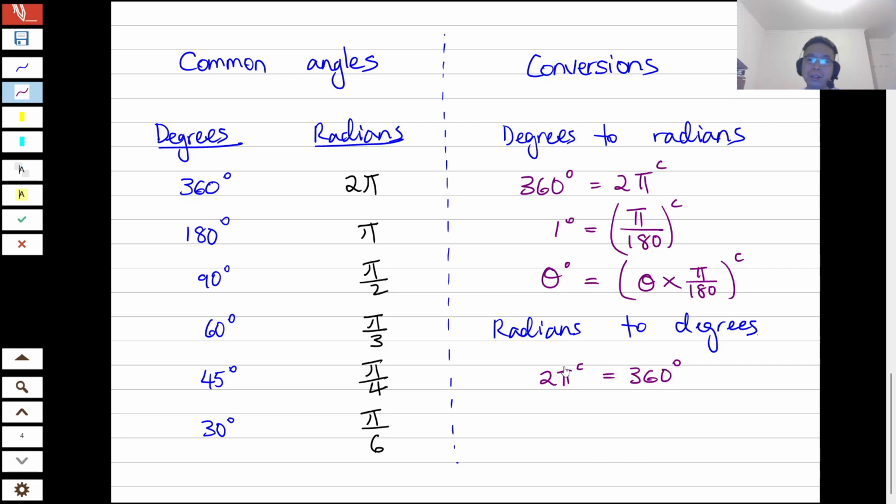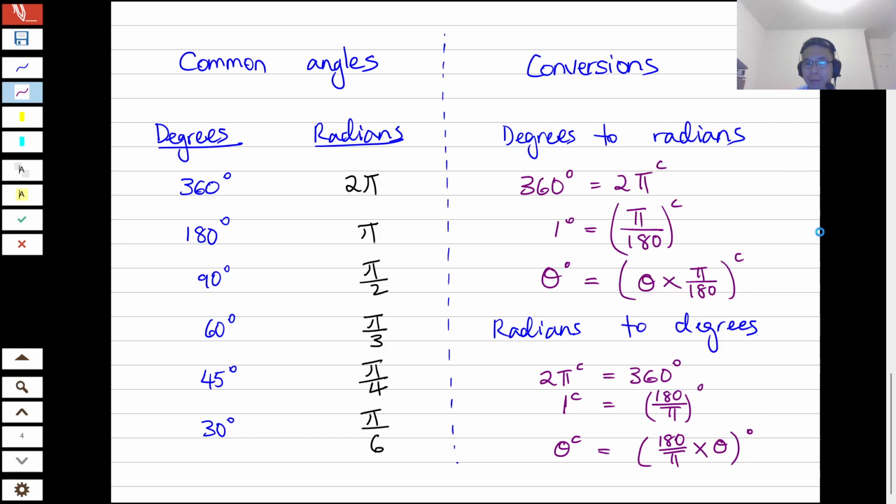And now what I'll do is divide both sides by 2 pi, sorry, I should say. So if I do that, I'll get 1 radian is 180 over pi degrees. Which means if I have theta radians, that's going to be the same as 180 over pi times theta degrees.